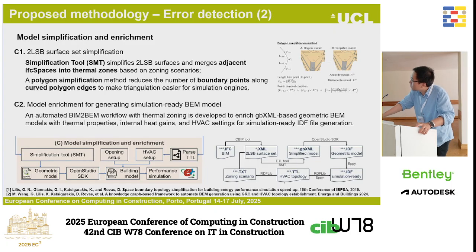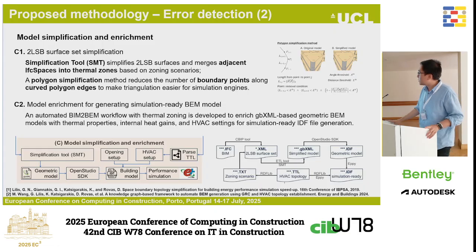We also propose a novel polygon simplification method. The aim is to reduce the number of boundary points along curves and polygon edges, making the triangulation easier for the simulation engine. In EnergyPlus, there are some limitations on the number of vertices for each edge.